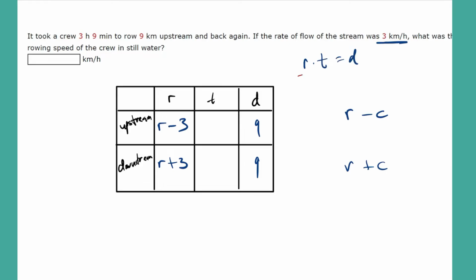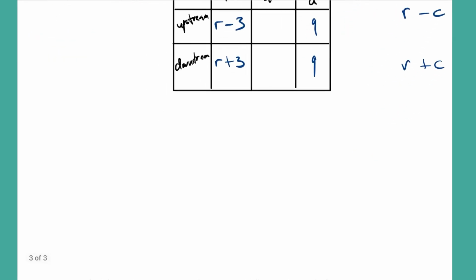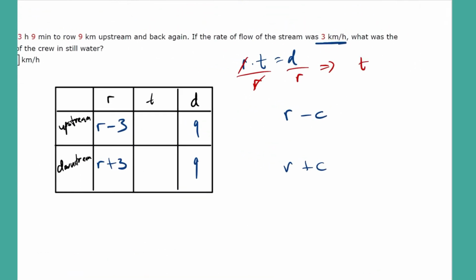So therefore, time is equal to distance over rate. So in order to fill out these two boxes, all you got to do is divide distance by rate. So that would be 9, which is the distance, divided by the rate. And here the distance divided by the rate.